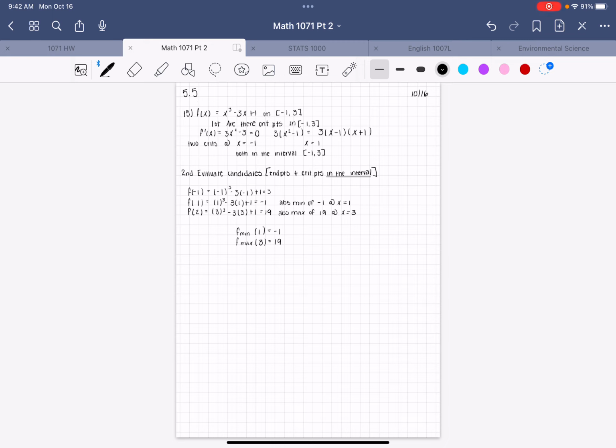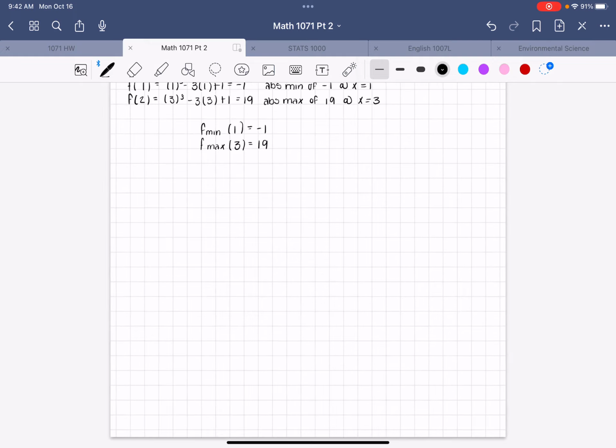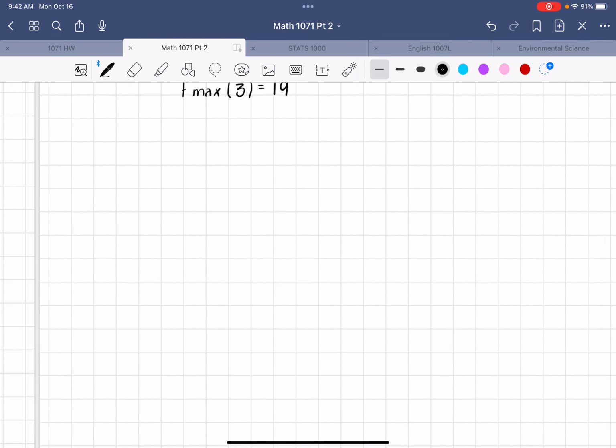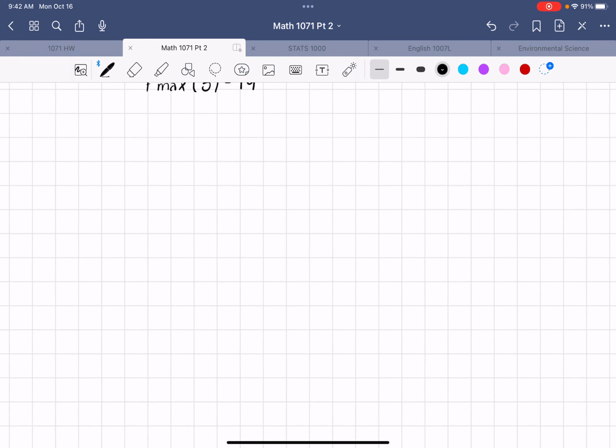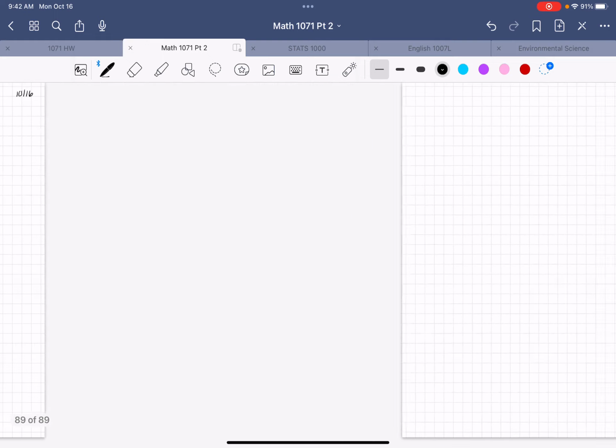Okay, but for now, the next section is very important. And I've set aside a couple of days for it. But let me do a problem now. So we're talking about 5.6 optimization.